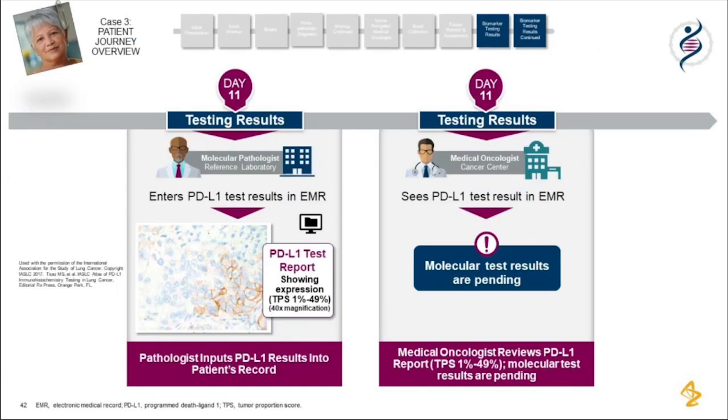Getting back to our patient journey, testing results on day 11, the molecular pathologist has the PD-L1 test results, enters those into the EMR, right? And it shows expression. The med-onc on day 11 also sees these results, but the molecular tests are still pending.